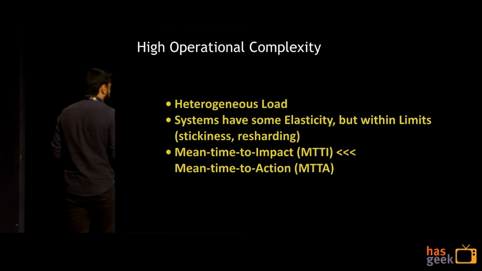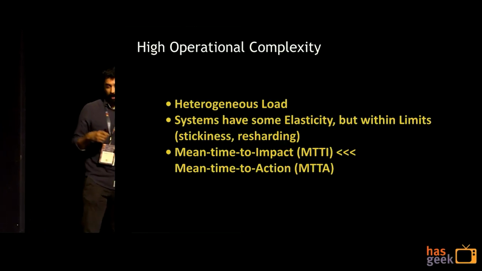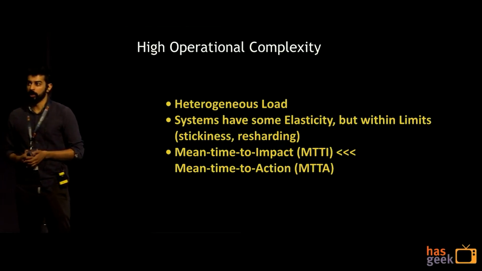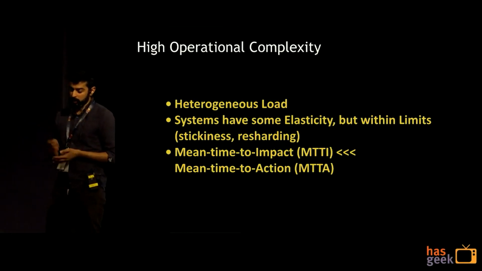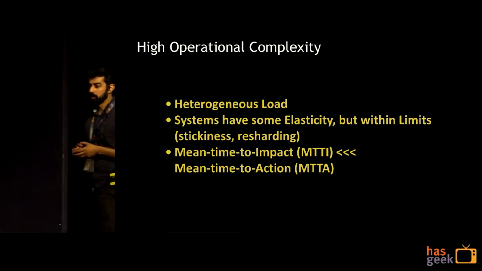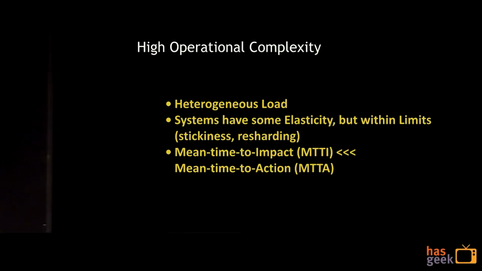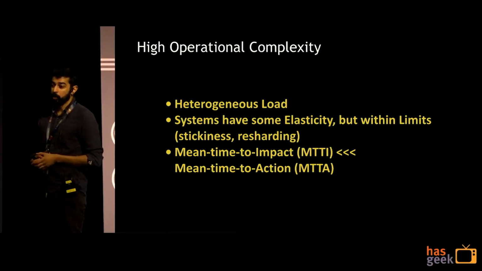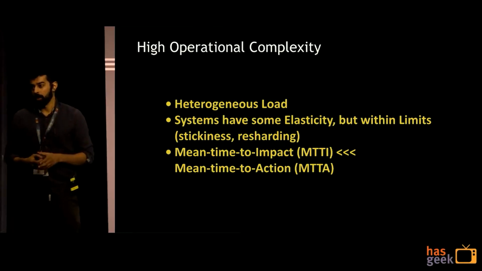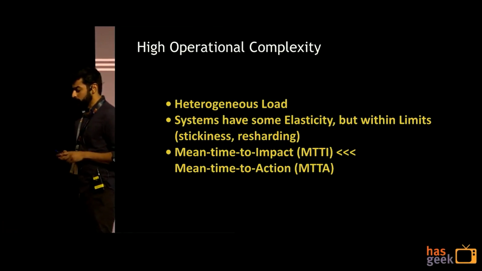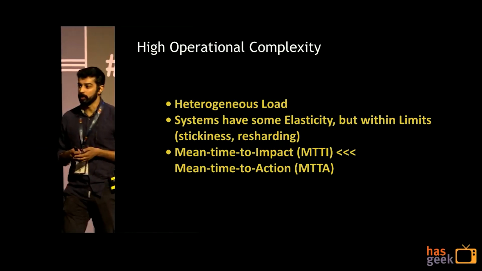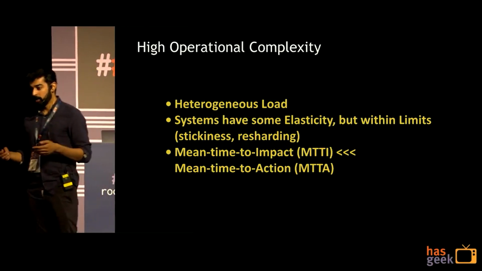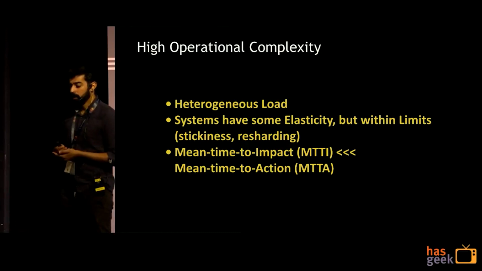At the same time, while we have these really high expectations, they become coupled with high operating complexity. Real-time systems tend to have very heterogeneous load just because of the speed at which data is produced and the speed at which data is absorbed. It's very easy to go from a steady state to a peak in a short period of time. Think about something like Flipkart's Big Billion Sale, where a lot of the traffic is human-driven, but there's also a lot of bot traffic happening.